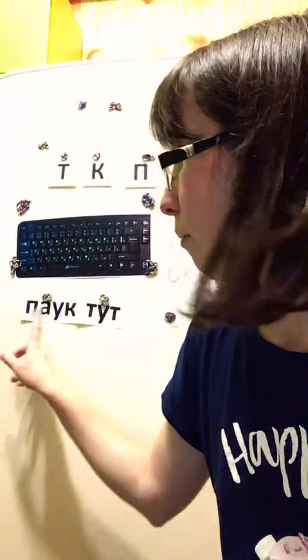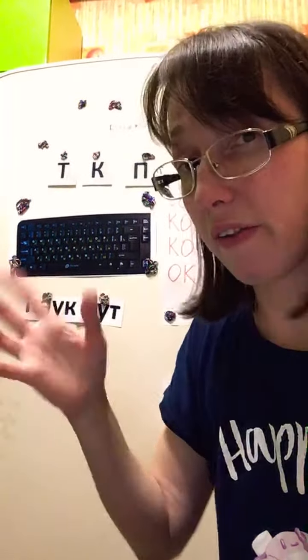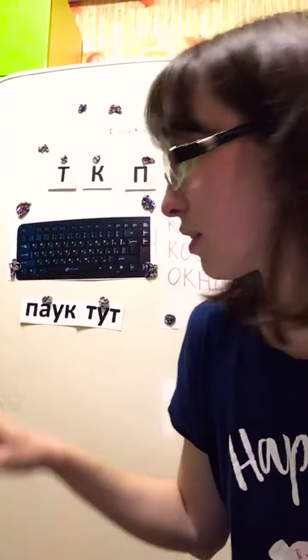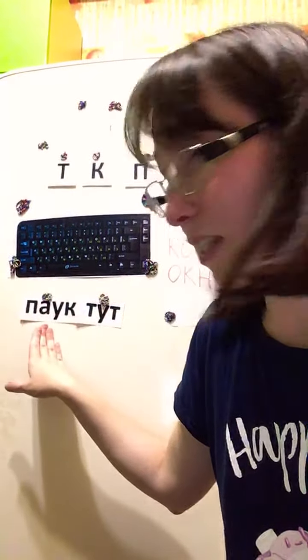Тут паук meant here is a spider. Паук тут. A spider or the spider, in Russian we don't have articles, is here. A spider or the spider is here. Паук тут.